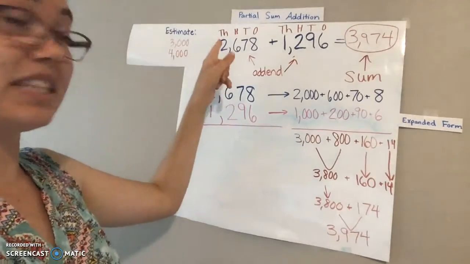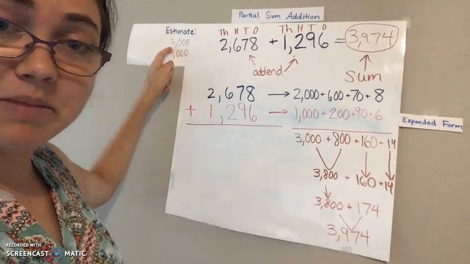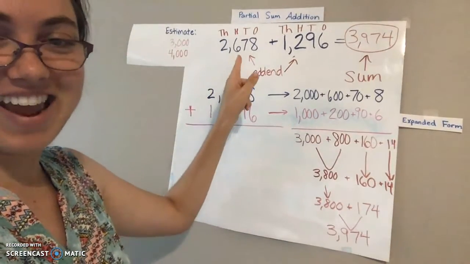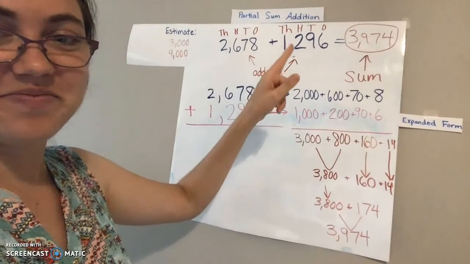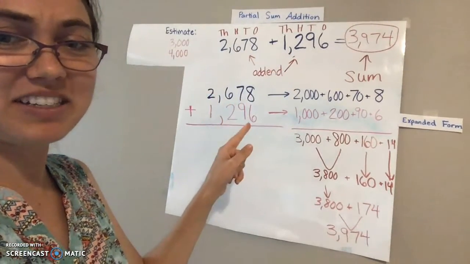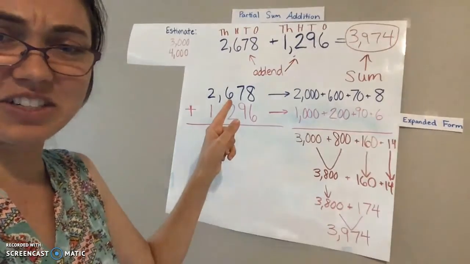So after we looked at the place values and we made an estimate, our answer is probably going to be between 3,000 and 4,000. We said, all right, let's solve. We're ready to add. But adding these two numbers, 2,000, oh, that's such a large number.